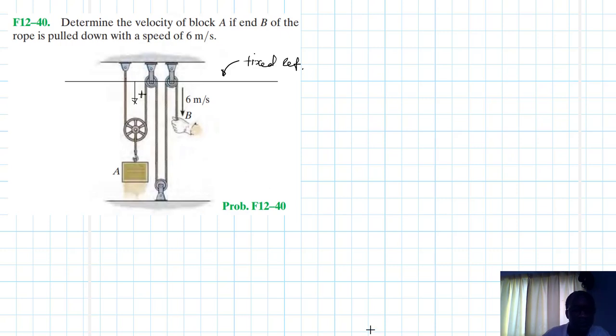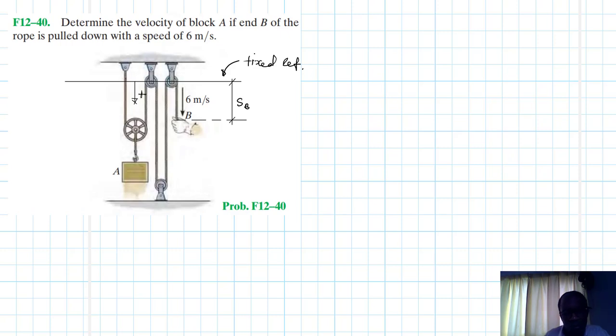And then what do we have? On one end here we have the position coordinate SB. Let's call this SB.